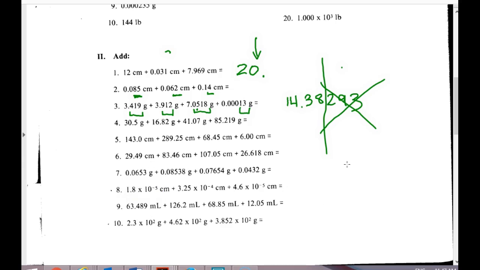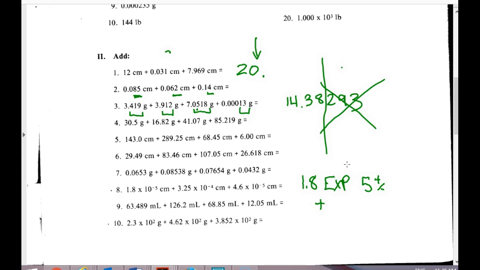We're going to use the EXP or the EE button on your calculator. If I remember correctly from when we worked together, it's EXP. So what you're going to do is go 1.8 EXP 5, and then you're probably going to have to hit the plus negative button to make this 5 a negative 5.